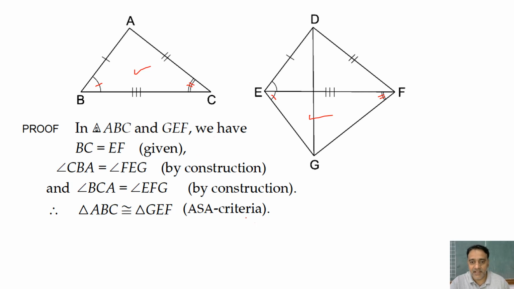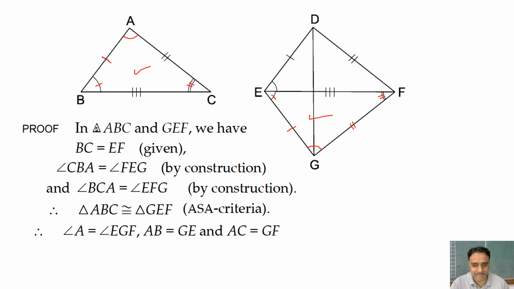Right, if these two triangles are congruent, then angle A will be equal to angle EGF by CPCT, and AB is equal to GE, and AC is equal to GF. Is this clear? Yes, sir. By CPCT.